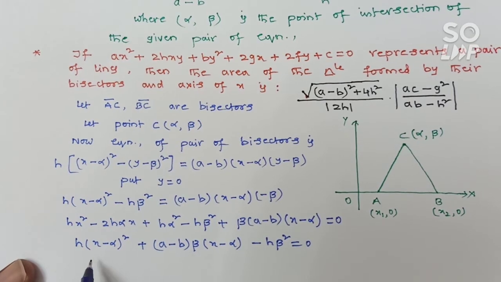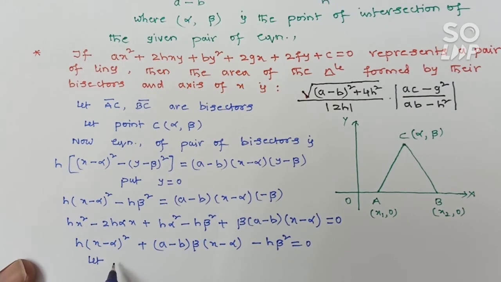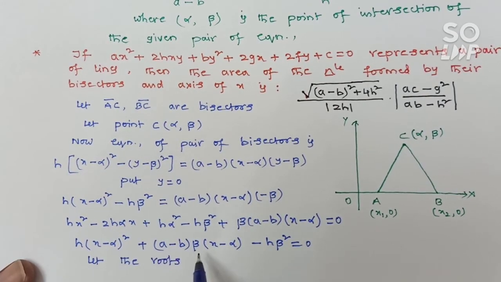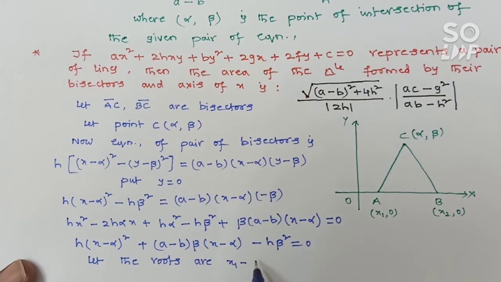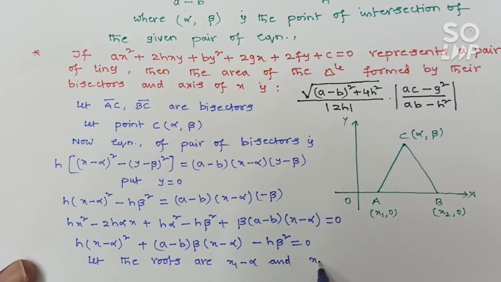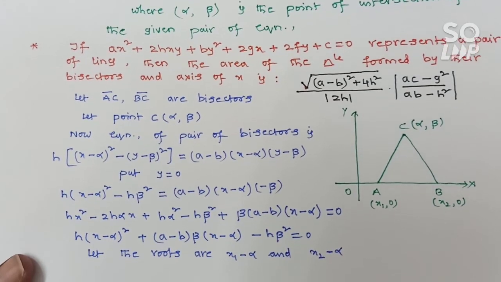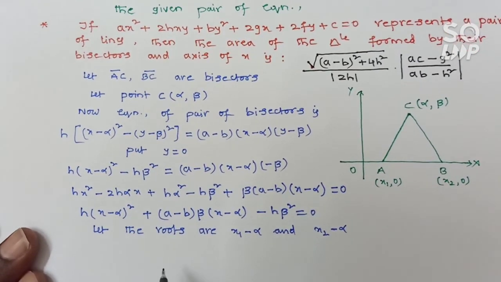Then here you write, let the roots be x1 minus alpha and x2 minus alpha. From this one we can write, what is the sum of the roots?